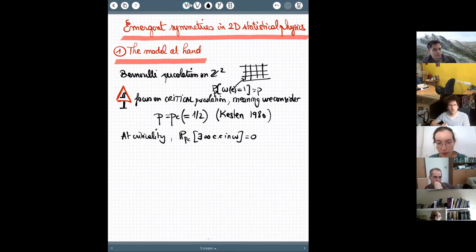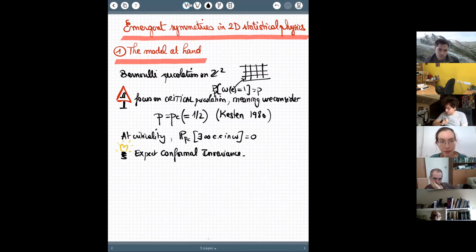And in fact, you expect, and this is kind of a conjecture, conformal invariance. So let me tell you what that means. What I mean by conformal invariance here, in the case of Bernoulli percolation, can be stated fairly simply.